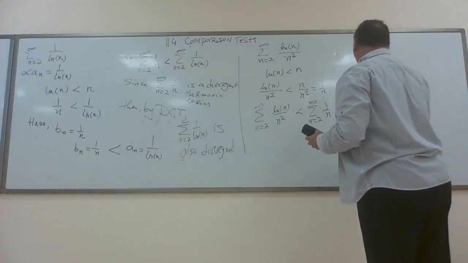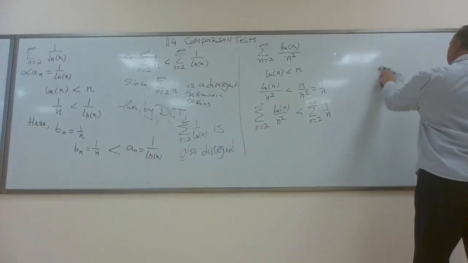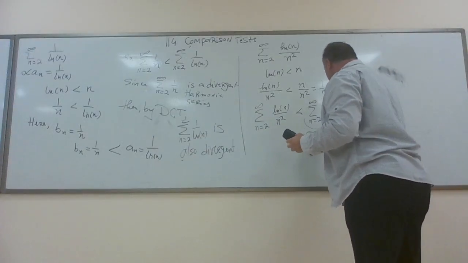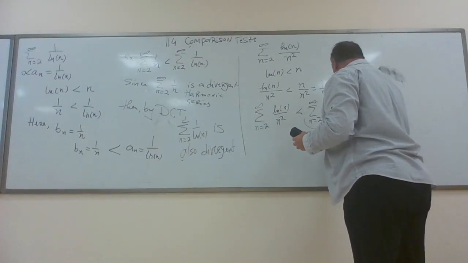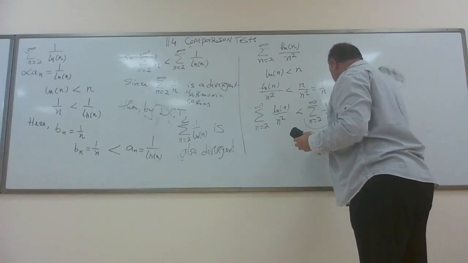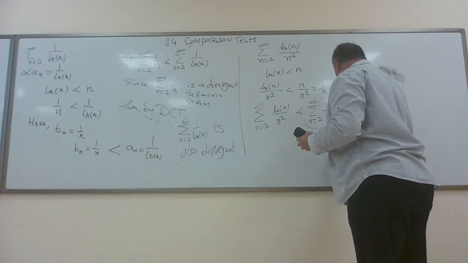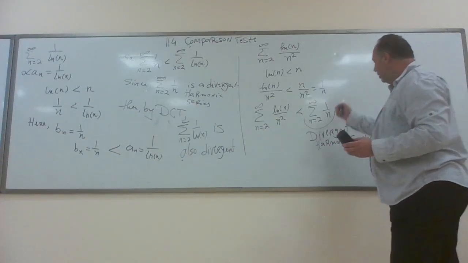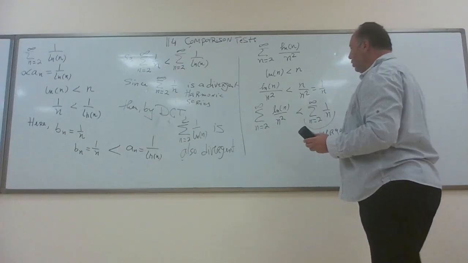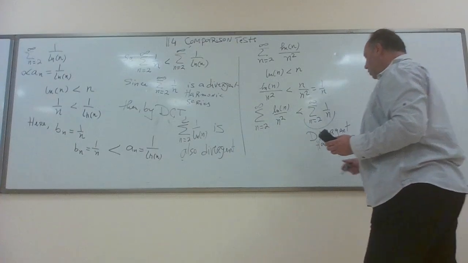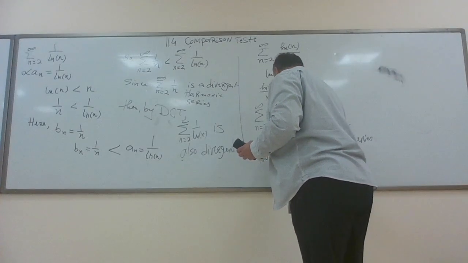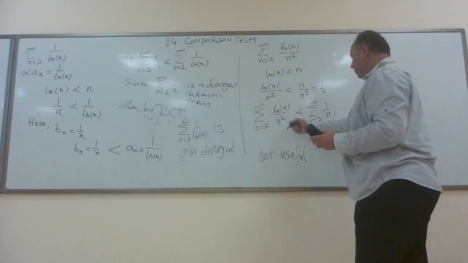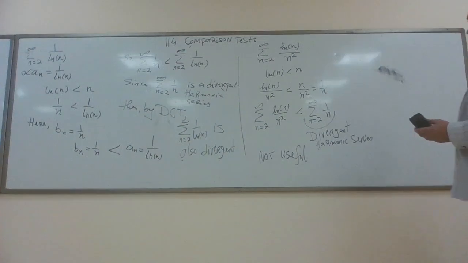The fact that it starts from 2 doesn't matter for the convergence. So this is divergent, right? Harmonic. Oops, the bigger one is divergent, so we cannot conclude anything about the smaller one. So this is not useful, because we cannot conclude anything about the smaller series.